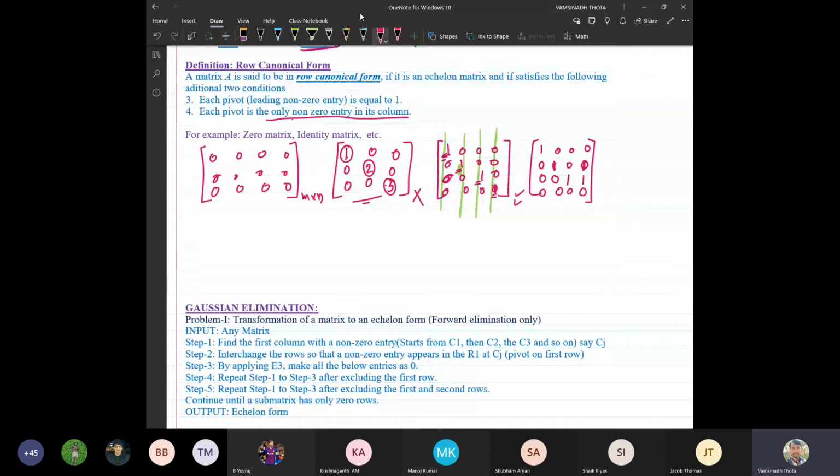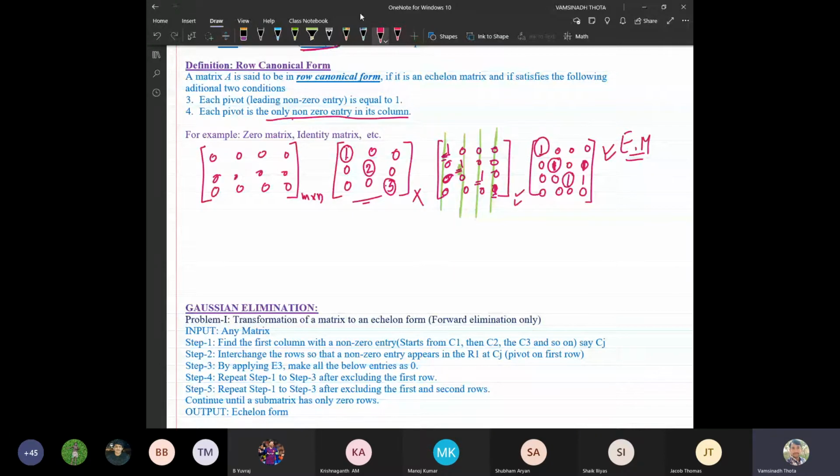So this is the leading non-zero entry for the first row, this for the second row, and this for the third row, and the fourth row is the zero row, so there will be no leading non-zero entry. Now each leading non-zero entry is towards the right of the previous leading non-zero entry, and hence the second condition is also satisfied. So this matrix is in the echelon form, right?